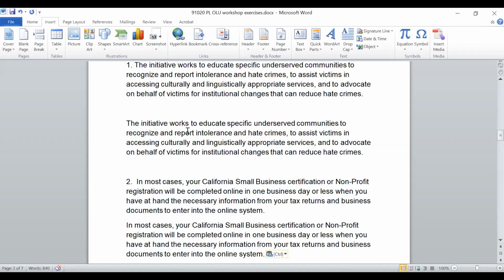Okay. So looking at this is huge. You know, this initiative works to educate specific underserved communities, to recognize and report, blah, blah, blah. So, that's a really long sentence. Now, I'm looking at this and I'm thinking parallelism. These things, that's parallel, this is parallel, and this is parallel.